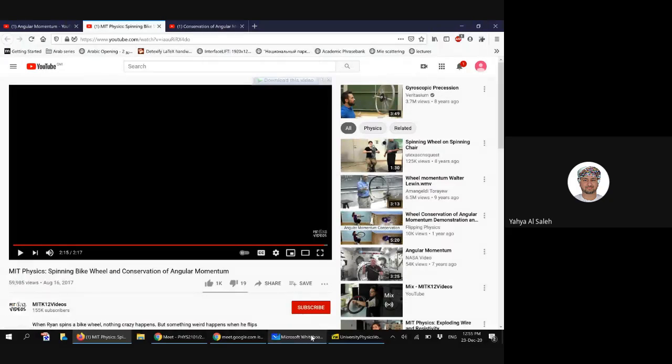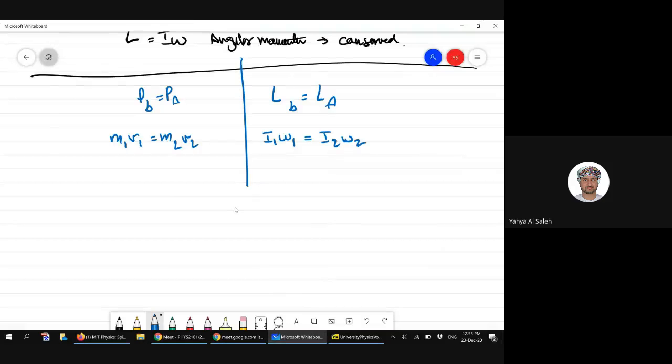Okay. So the idea is, just like with translational momentum, where we had zero change in momentum in the absence of external forces, it's the same thing with angular momentum.